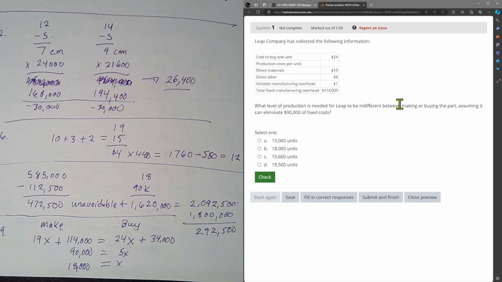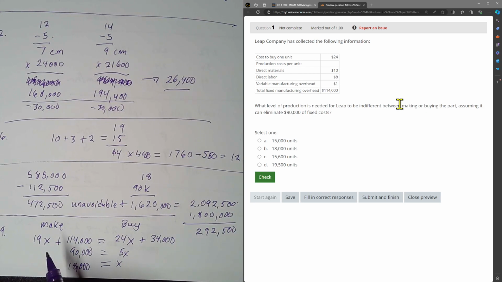So the indifference point is the point where whether you make it or you outsource it, it costs exactly the same. Below that point, it's better for you to make it. Above that point, it's better to outsource it. So it's an important concept, even though they forgot. They probably took out the information and then forgot to take out this question.